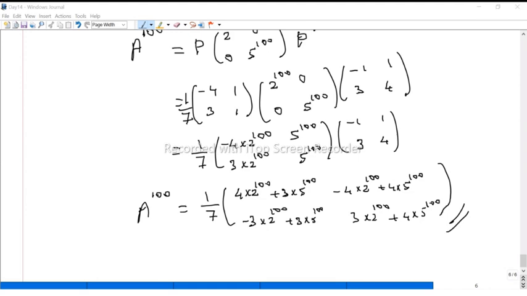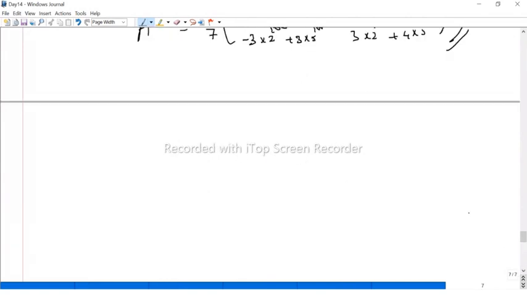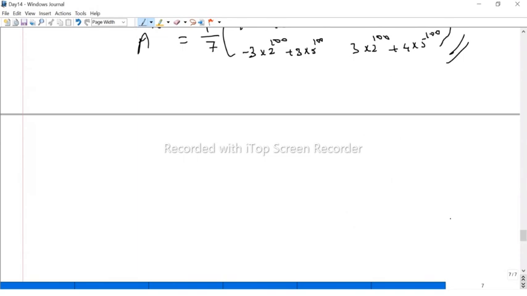Now, one more thing. Suppose you know the eigenvalues of A, and you know the eigenvalues of A square. Maybe I will write the problem now.